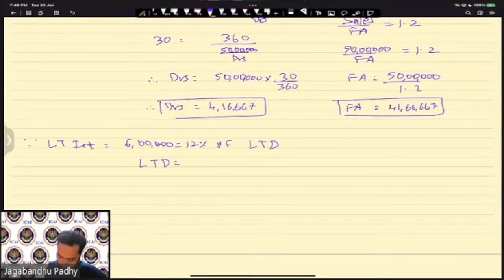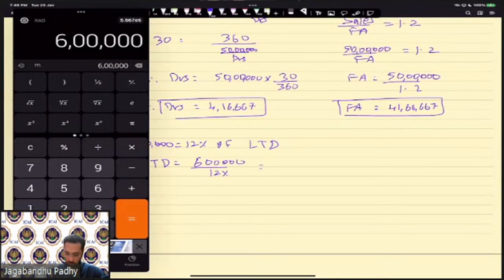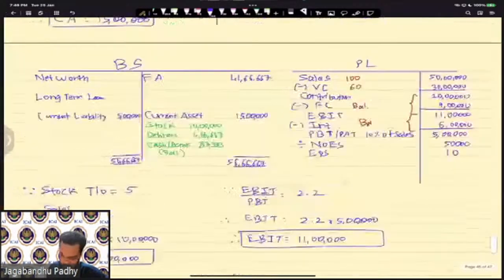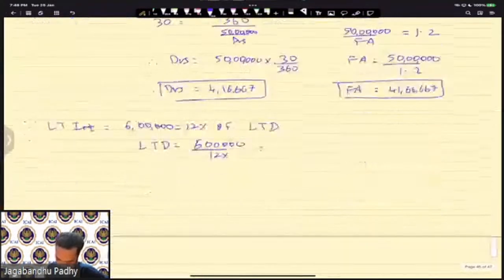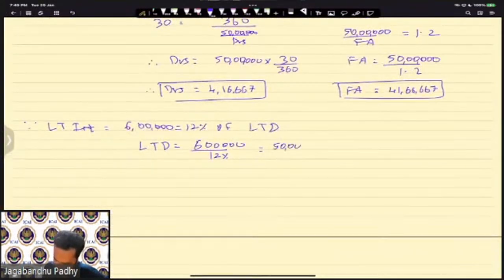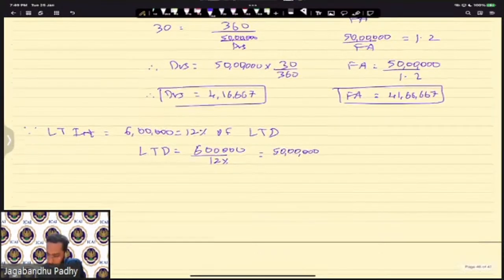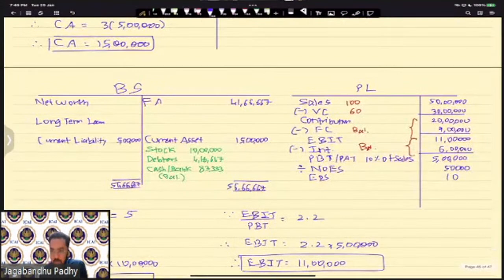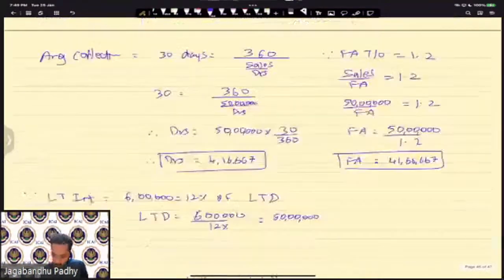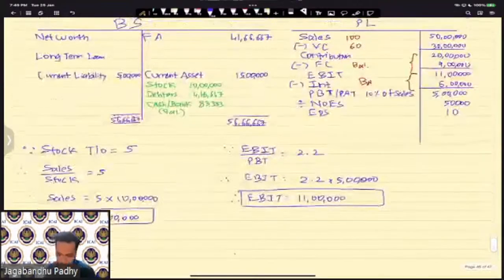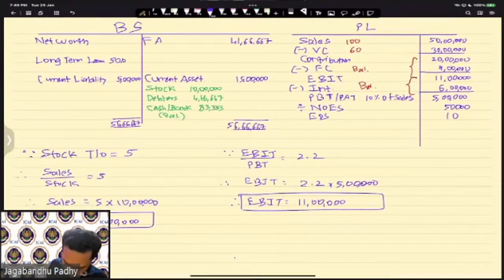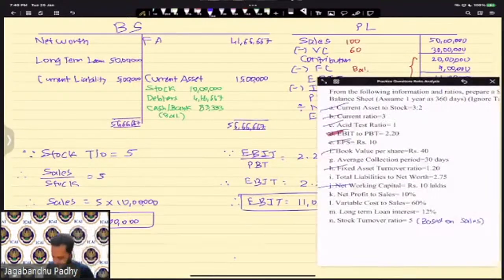So long-term debt will be 6 lakh divided by 12%, which comes out to be 50 lakhs. As you've seen, the interest of 6 lakh, so long-term debt is 50 lakh. That's 12%.